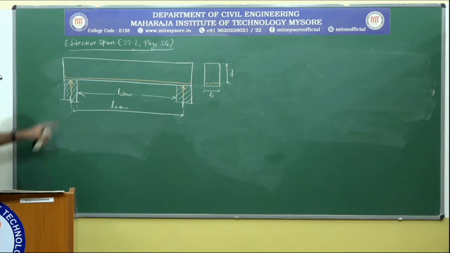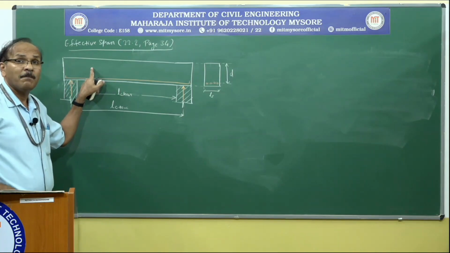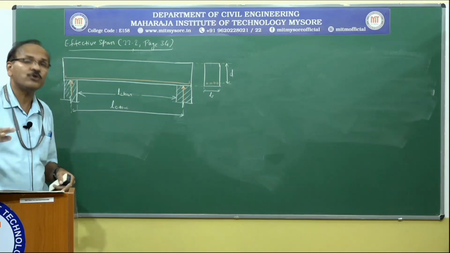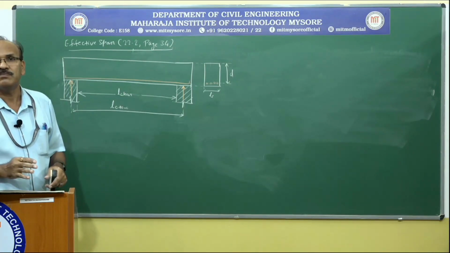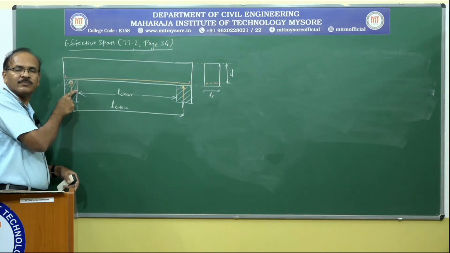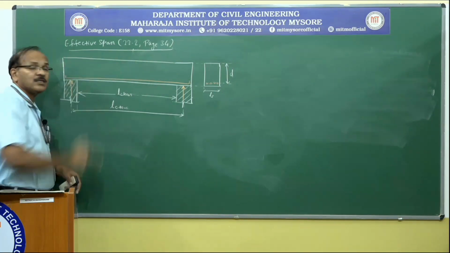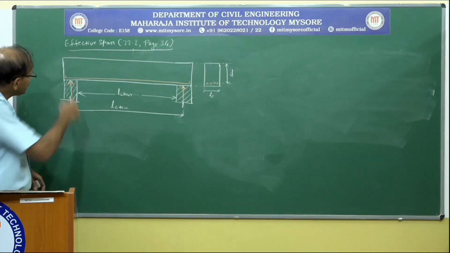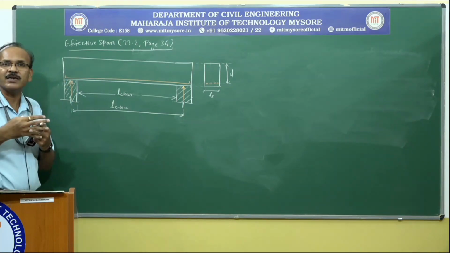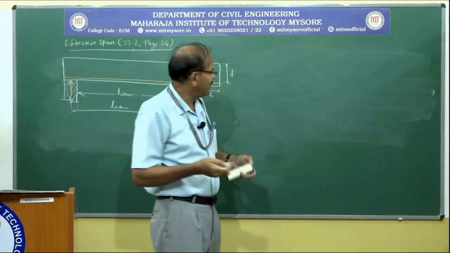Okay, it says the beam is not built integrally with the support. That means the beam should be a simply supported beam. If you assume this as a wall, and of course one more wall, and this beam is placed on the wall, that means these two are not integral. That means they are not put together. So what is the meaning of integral?